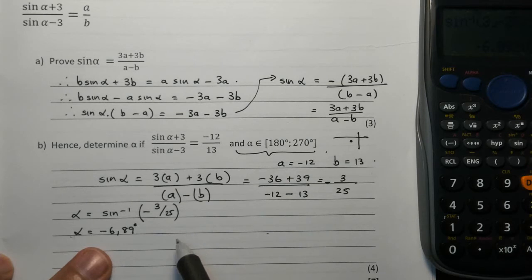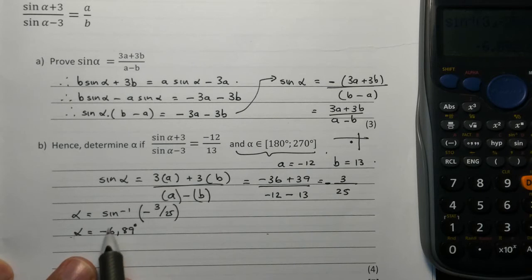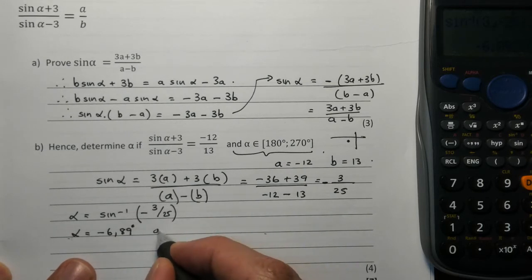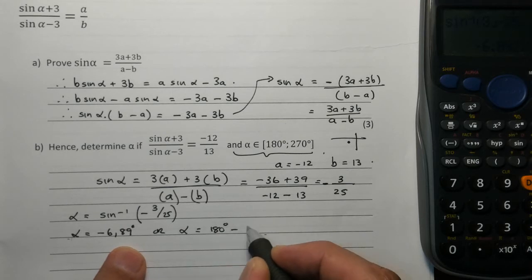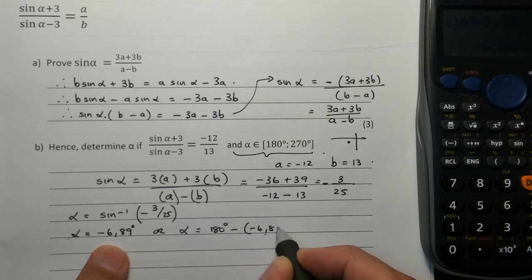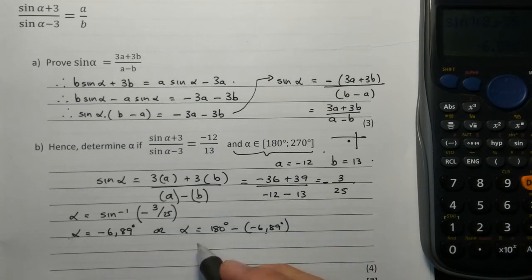That would mean that my alpha is either, remember, sine is negative in the third or in the fourth quadrant. Okay, so this is the fourth quadrant angle that I'm looking at. Or alpha can be 180 minus that, minus 6,89, per definition.